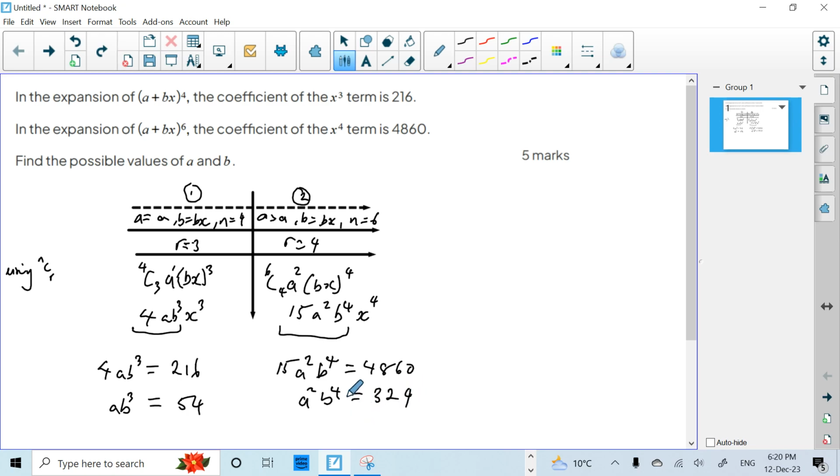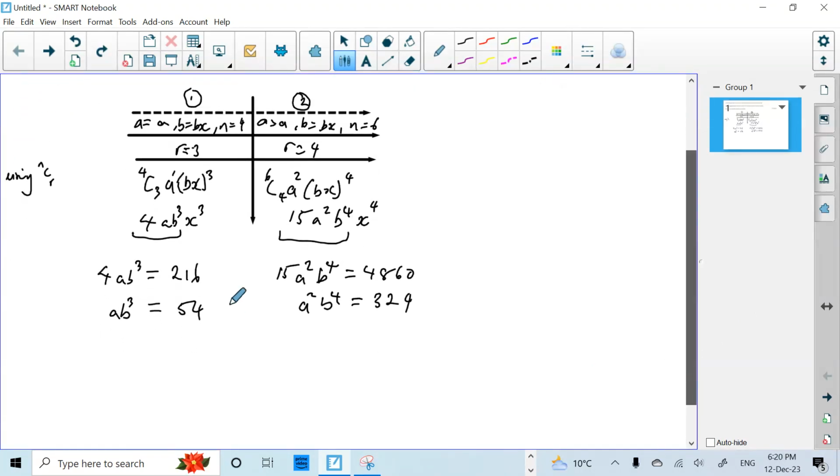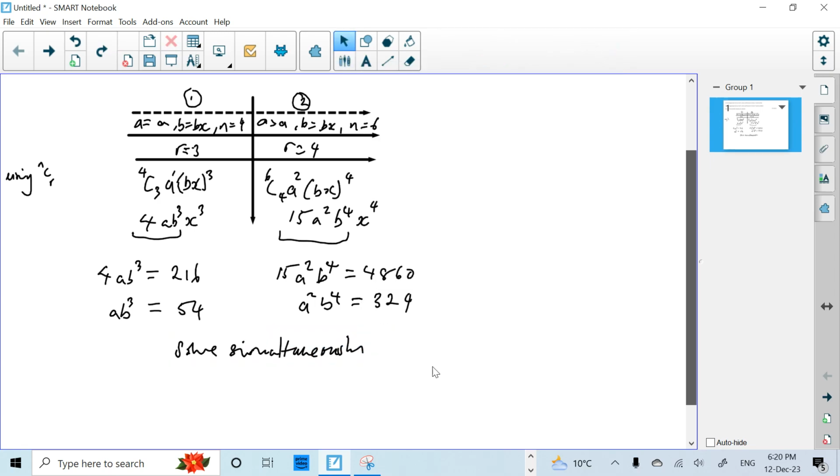Now, solve simultaneously, and I'll write what I'm doing for the examiner: solve simultaneously to find a and b.